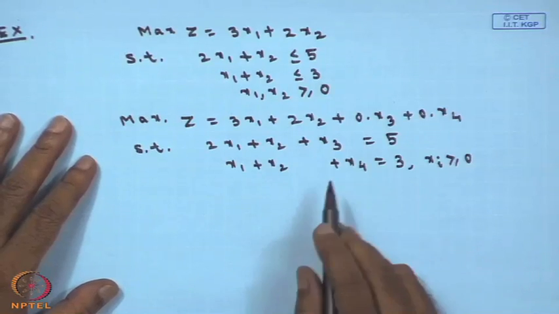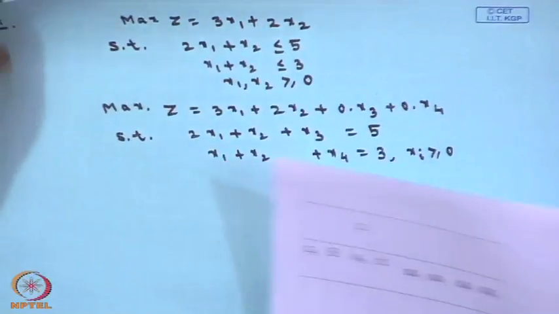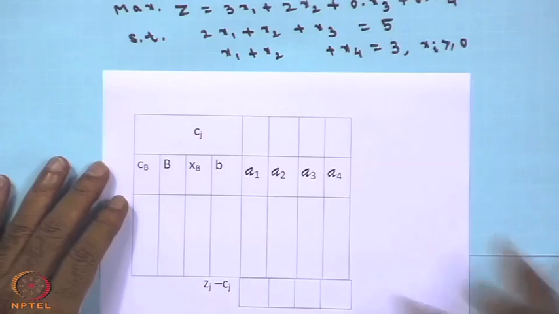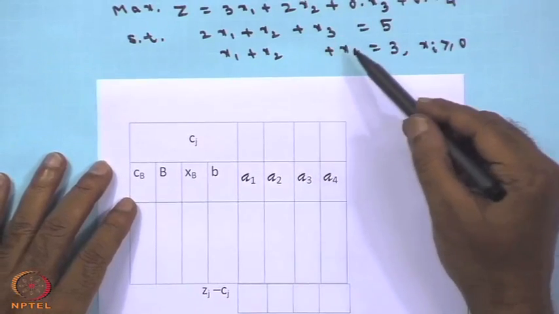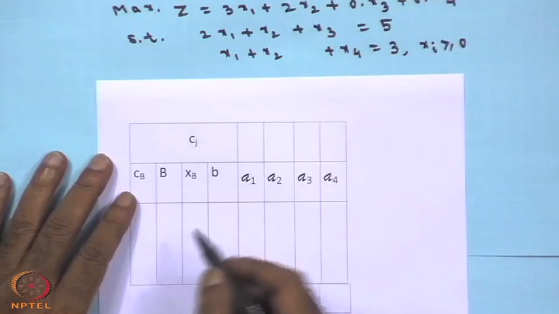Once I have written it in the standard canonical form, now you can formulate the initial basic table. In the initial basic table, the basis will contain the variables x3 and x4 because they form the identity matrix.